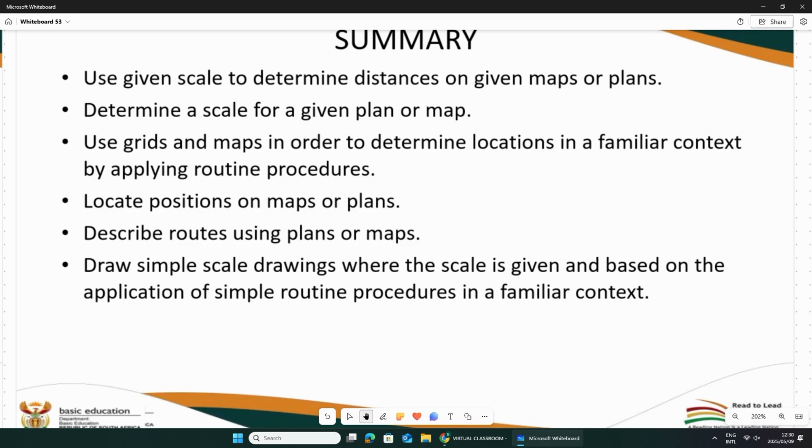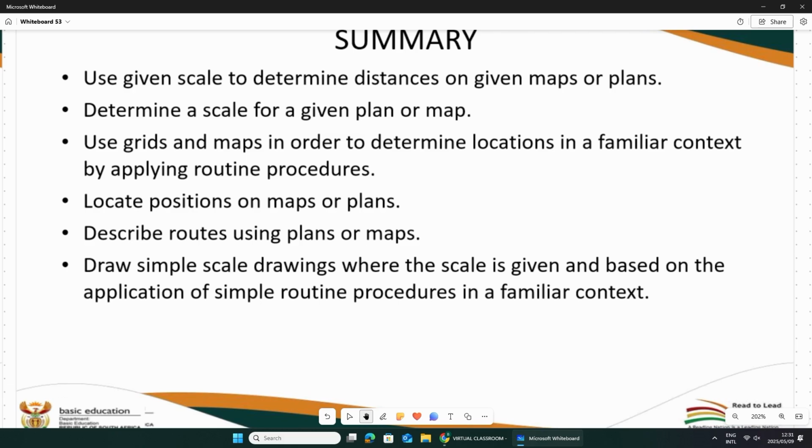Remember, you also have to describe or draw a simple scale drawing where the scale is given, and apply simple routine procedures in a familiar context. If you're given the scale, you should first be able to find the scale on the paper, then make the reality based on the given scale.